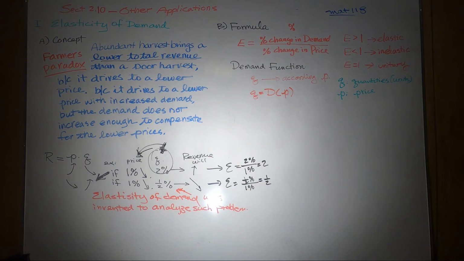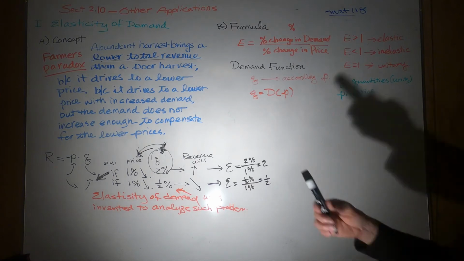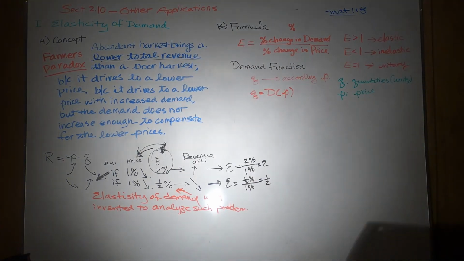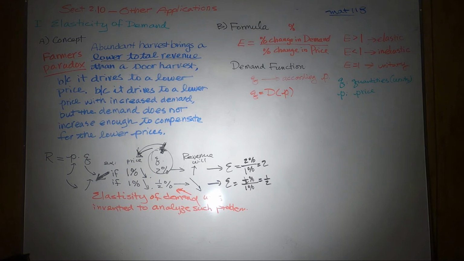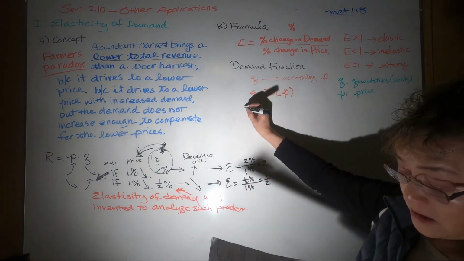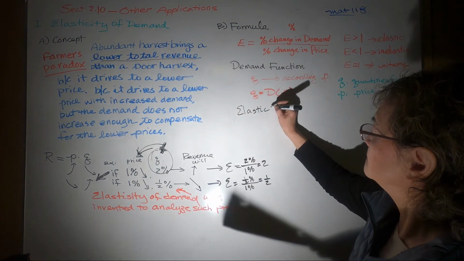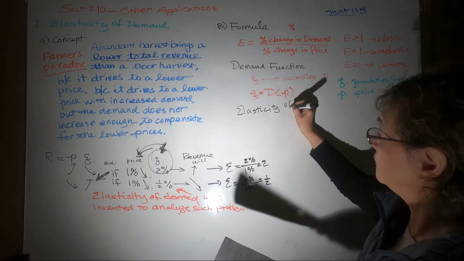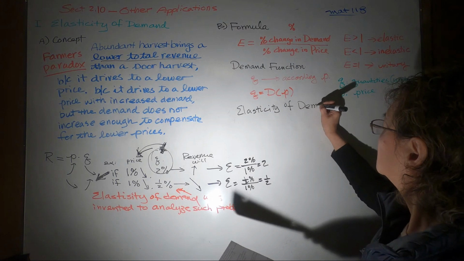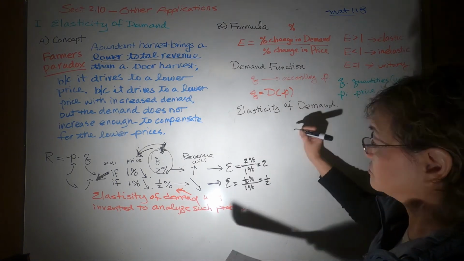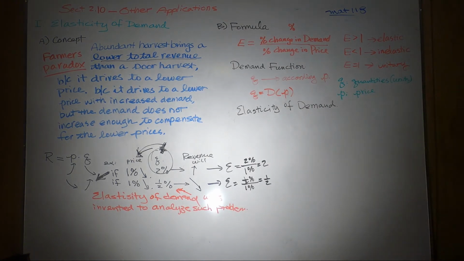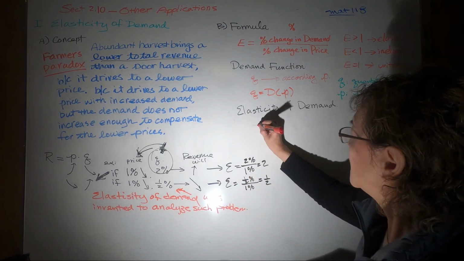And we wanted to talk about what? Elasticity of demand. That's what we are talking about, first application, right? So it's this way. And the elasticity of demand formula is written this way. So that's your E, right?